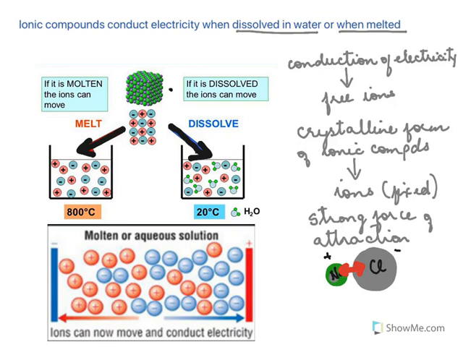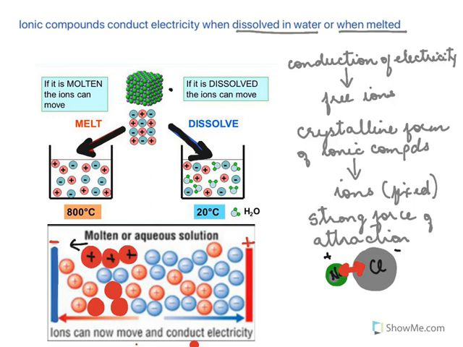In the next picture here you can see we have the positive and the negative. Here we have the negative electrode, here we have the positive electrode, and you will find that all the positive ions, which are now free, will all rush towards the negative.